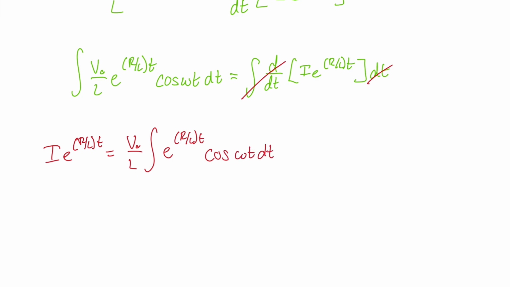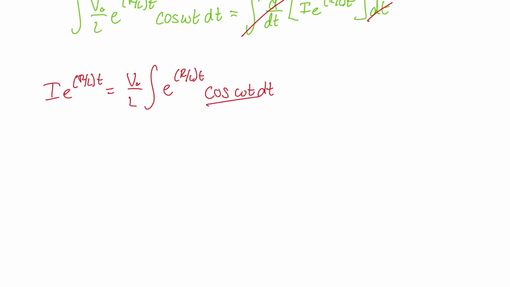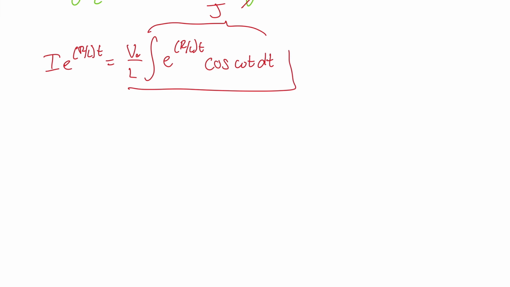And now you can see why I love this question. So now we have a cosine over here, so I'm just going to set this equal to J. So J is this integral over here, this whole thing is J. So we have J is equal to V naught over L times the integral of e to the (R/L)t cosine omega t dt.